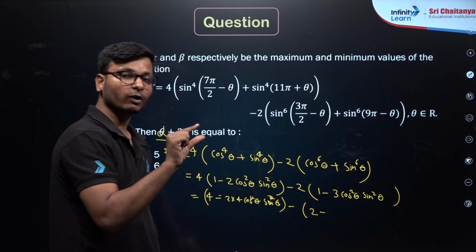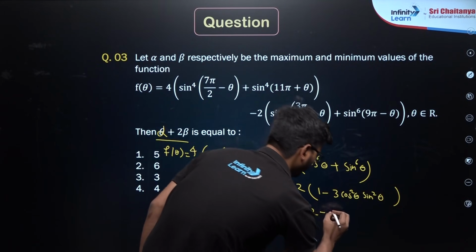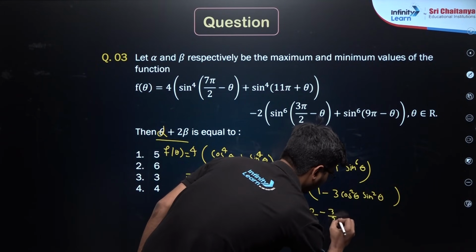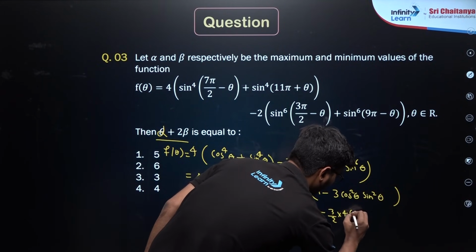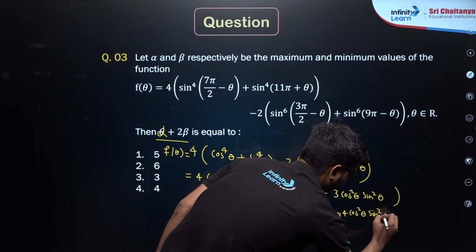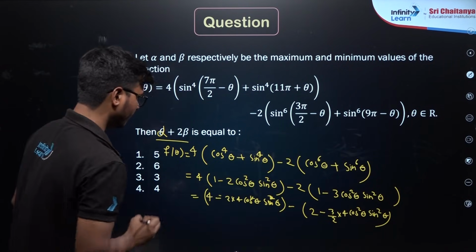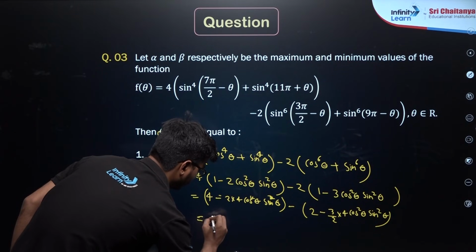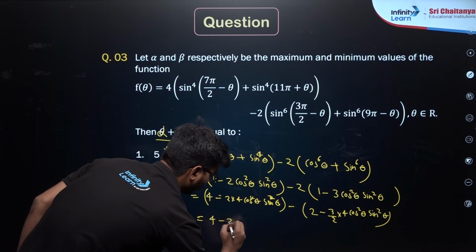Why? The reason is that you are going to understand in the next step. So I am going to write here 3 by 2 multiplied by 4 cos square theta and sin square theta, correct?